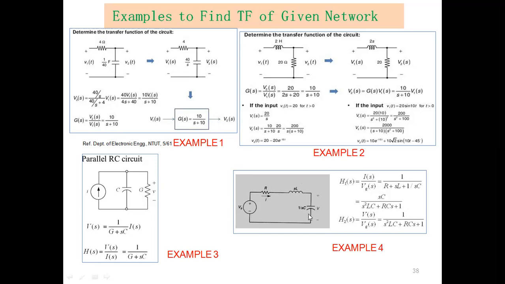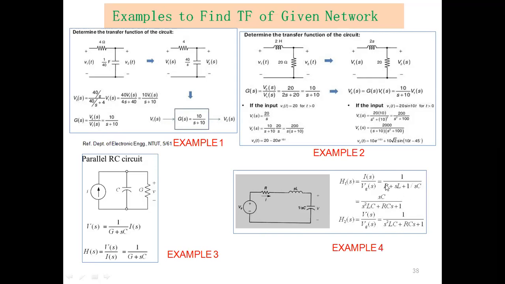And the admittance is 1 upon R plus SL plus 1 by SC. And I of S upon V of S, that is nothing but the admittance, we are calling here a transfer function. You will get 1 upon R plus SL plus 1 by SC. If you multiply numerator and denominator by SC, you will get this equation, and you can modify these equations.